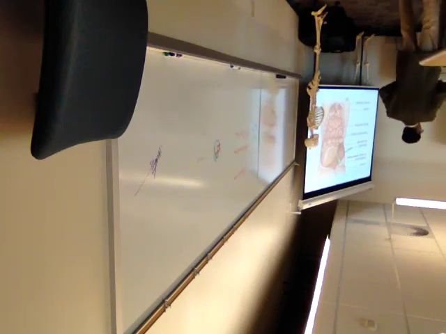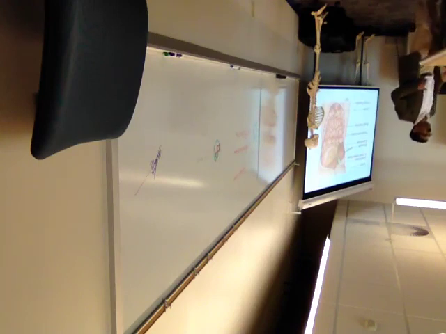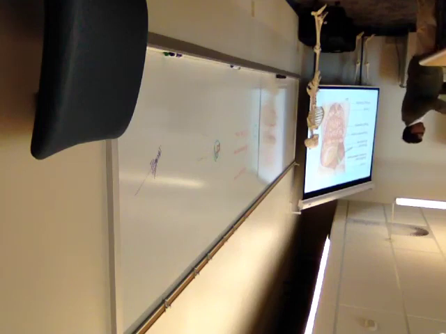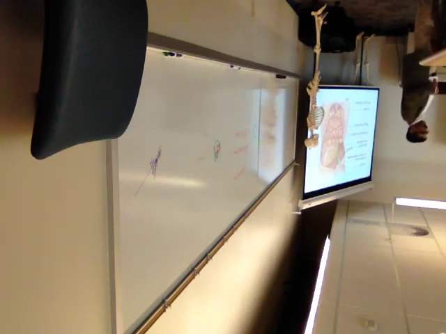Okay? And that greater omentum has a couple of important functions. Since a lot of fat can accumulate there, get attached there easily, it forms a pad of fat and that protects our abdominal organs, right? Protection. Number two, insulation.